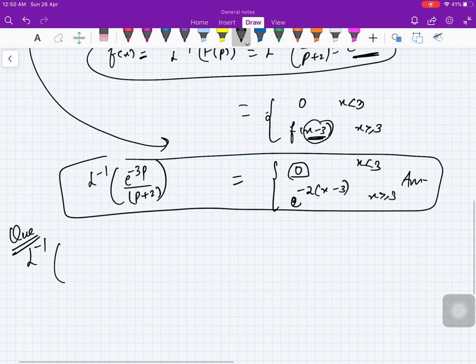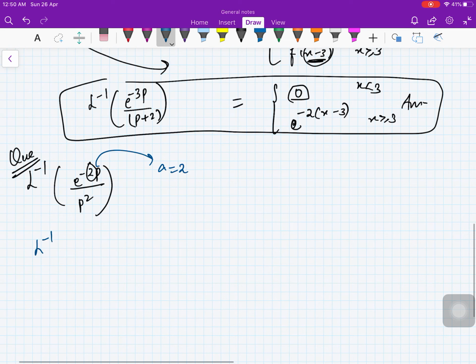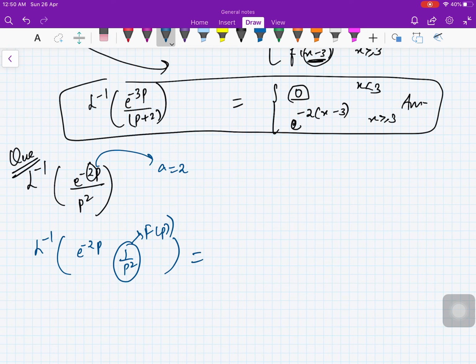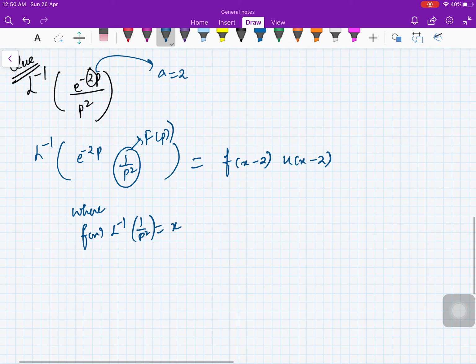Let us do one more. Find L inverse of e raised to minus 2p upon p square. Your a here is 2, and if you compare, this is e raised to minus 2p into F of p. So by the second shifting theorem, this is equal to f of x minus 2, u of x minus 2, where f of x is L inverse of 1 by p square, that is actually x.